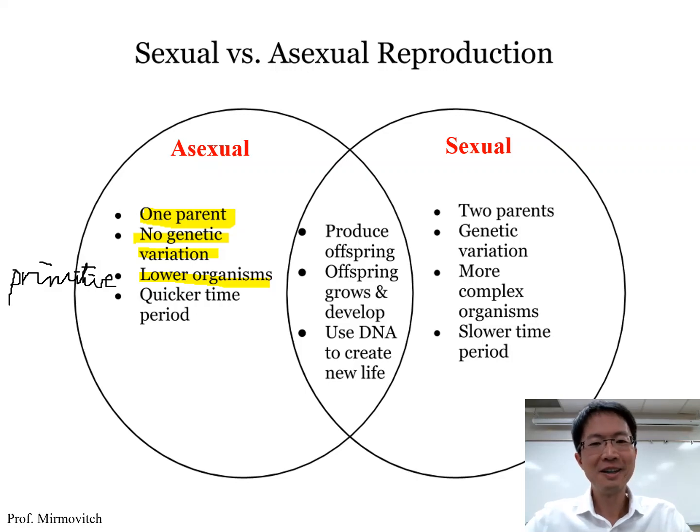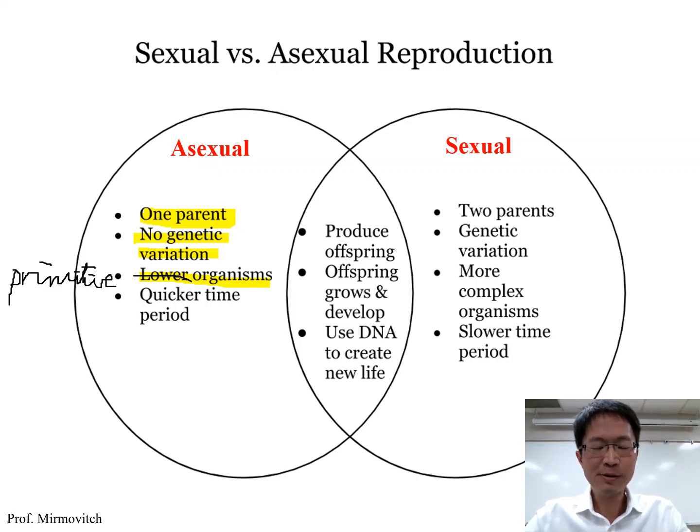I prefer the word primitive. Primitive tells you about the history. Lower is just a matter of personal style. Many biologists use the word lower and higher, so it's okay, but personally I prefer to use primitive, so that people won't accuse me of discriminating against certain organisms.